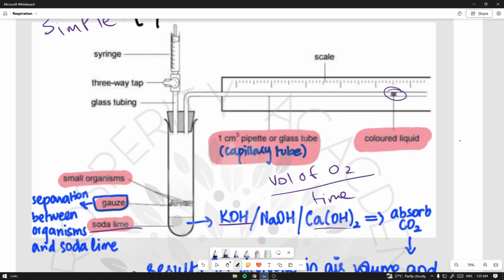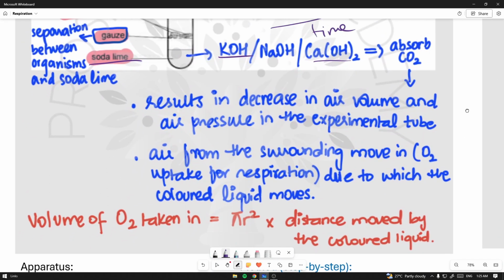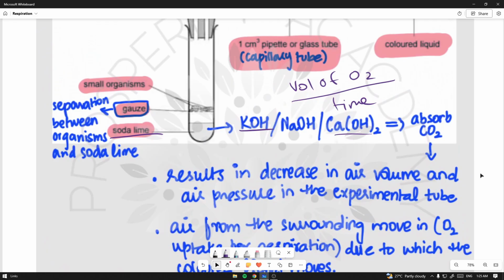So also one thing, the diameter of this capillary tube should be known, okay? Because we need to find the volume, right? So the diameter should be known. Now let's say I wanna see how much oxygen is being used by this organism right here in, let's say, 10 minutes.